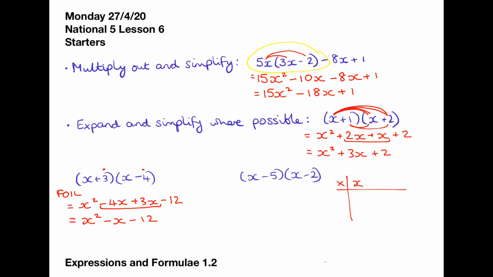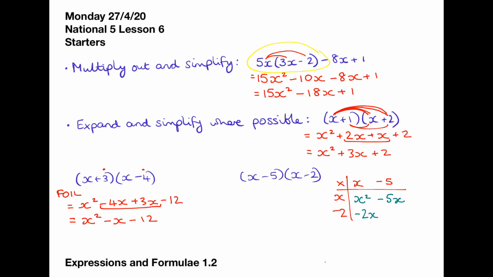So we've got x minus 5 and x minus 2 here. We're going to fill in all the spaces. The first space is x times x, so that gives us x squared. The second space is here, so we've got negative 5x. The next space to fill in is this one, so that's negative 2x.